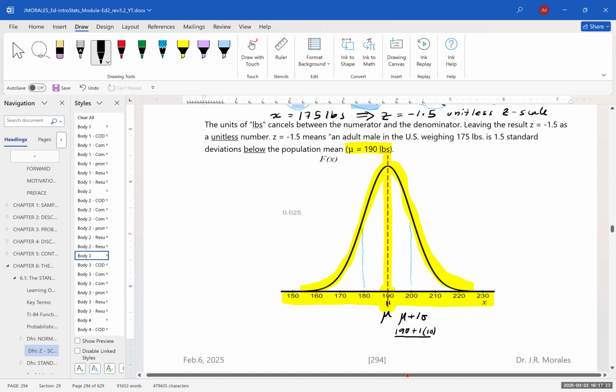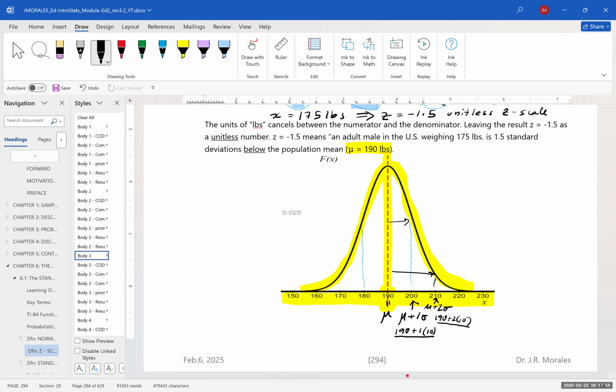And 190 plus 10 is 200. And then if we take the mean plus 2 standard deviations, that's going to be 190 plus 2 times 10, which is 190 plus 20, which would give us 210. So the standard deviation is telling us something about the width of this normal distribution shape.